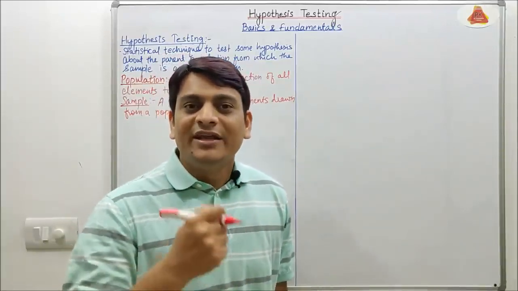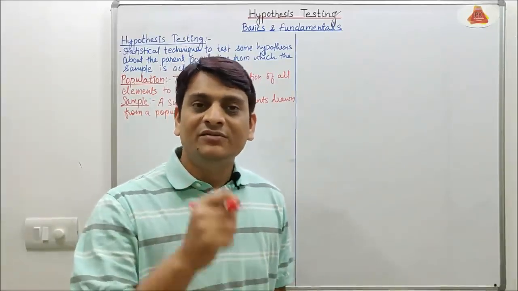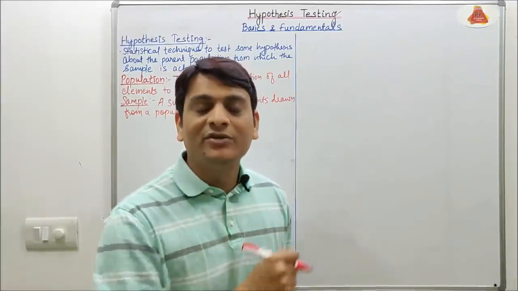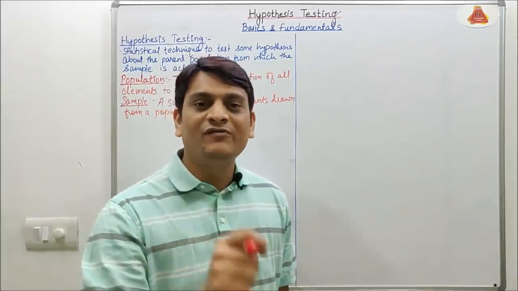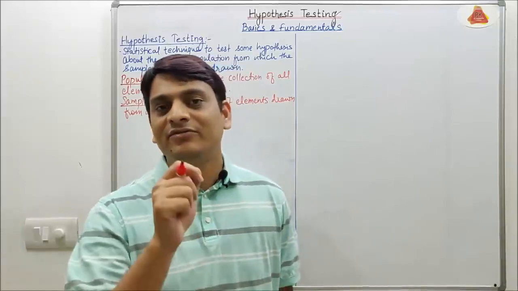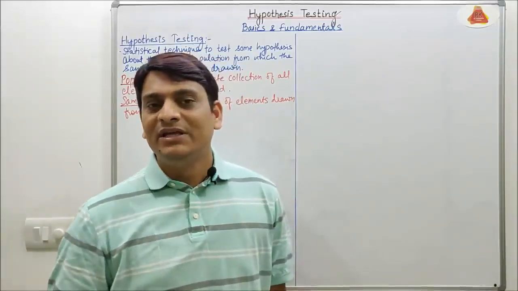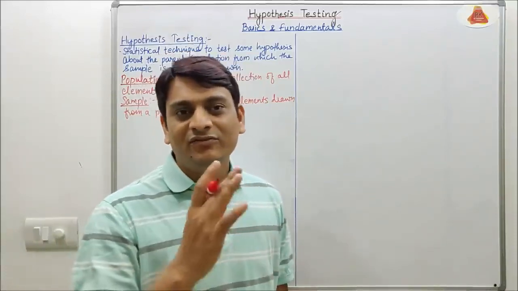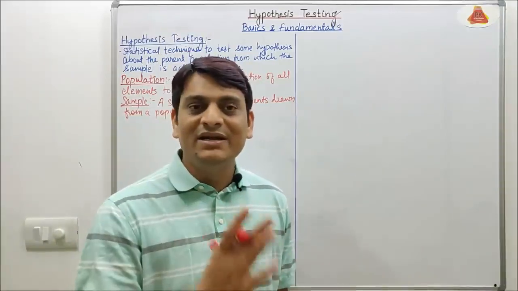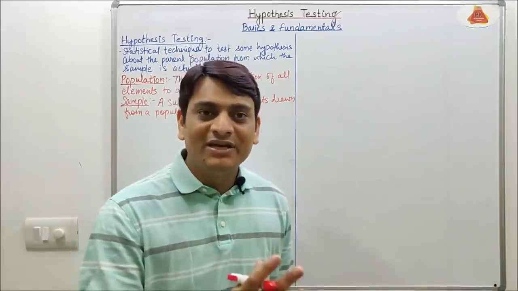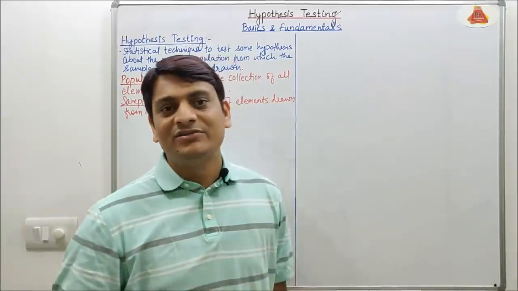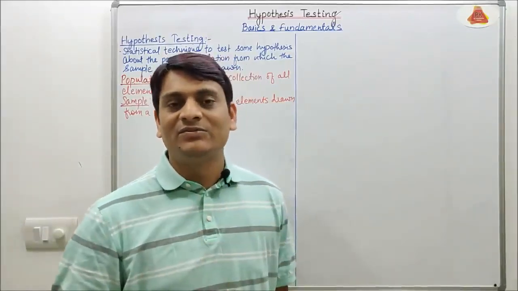Now we are taking another example. In this condition, we are taking the B Pharm entire course as a population, meaning B Pharm first year, second year, third year and fourth year will be considered. So total 400 students will be there, and in this case 400 students will be considered as population. If we are estimating in all 400 students, then that will be known as population.